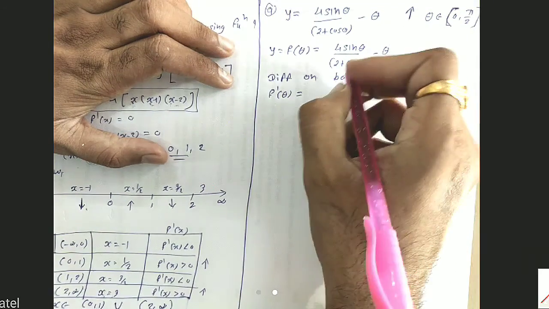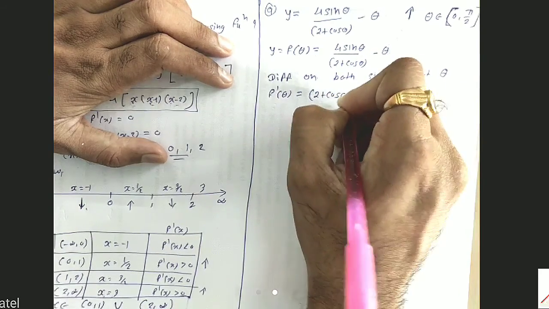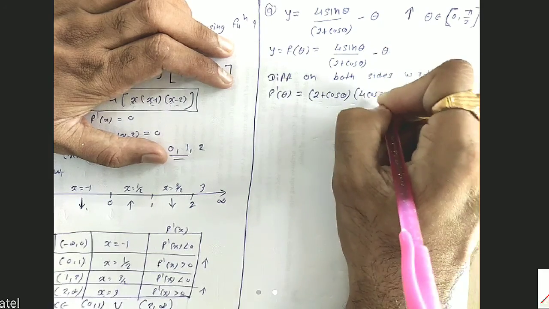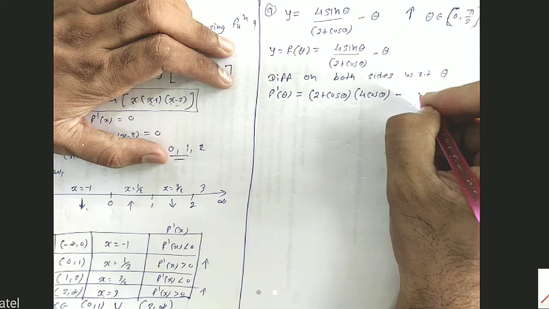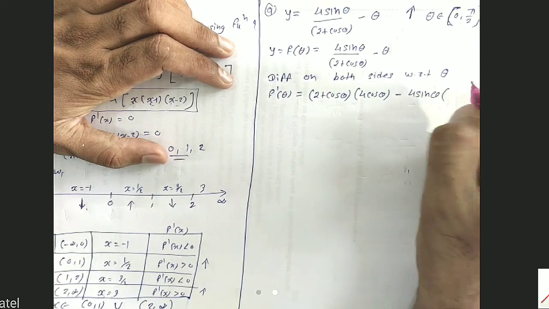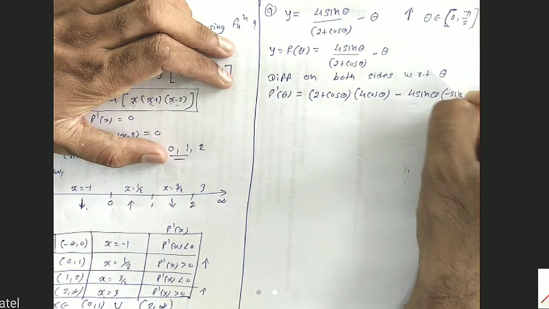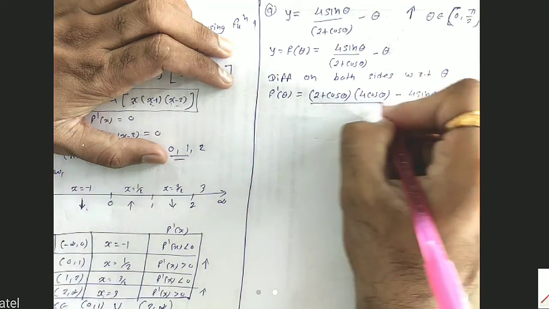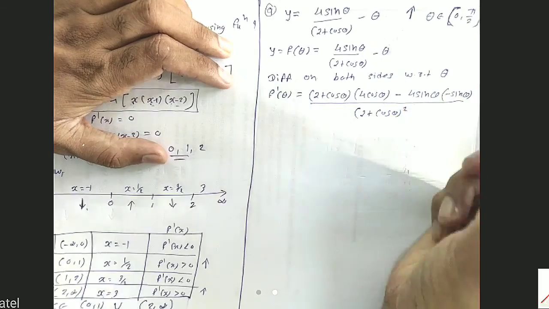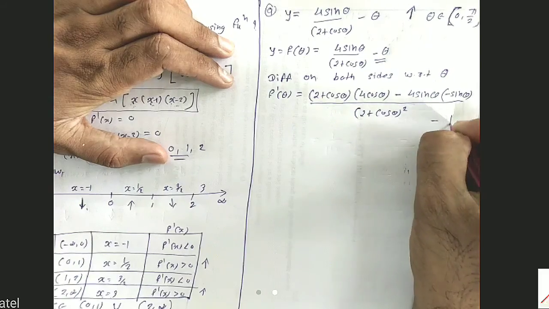So quotient rule is denominator as it is 2 plus cos theta, differentiation of numerator which is 4 cos theta, minus numerator as it is which is 4 sin theta, differentiation of denominator. So it's 0 minus sin theta, so it's a minus sin theta and whole divided by 2 plus cos theta whole square. Minus, the rest remains, minus differentiation of theta is 1.